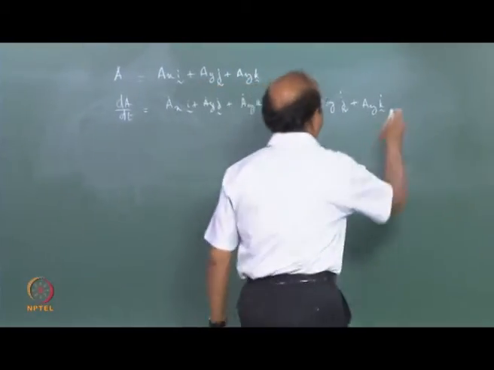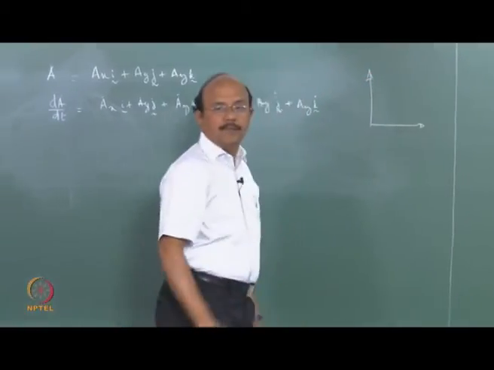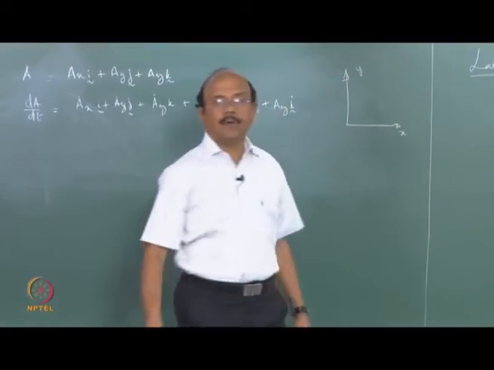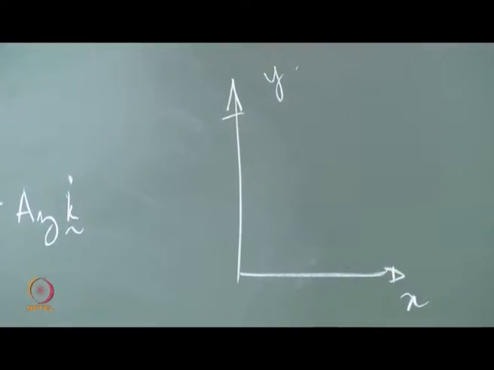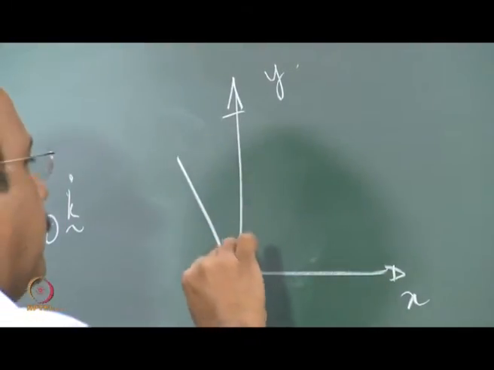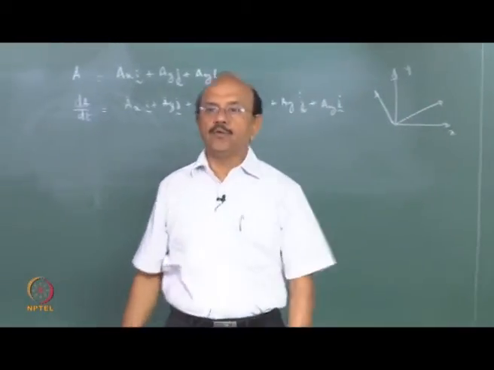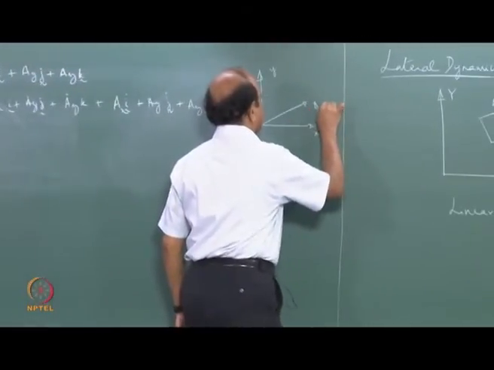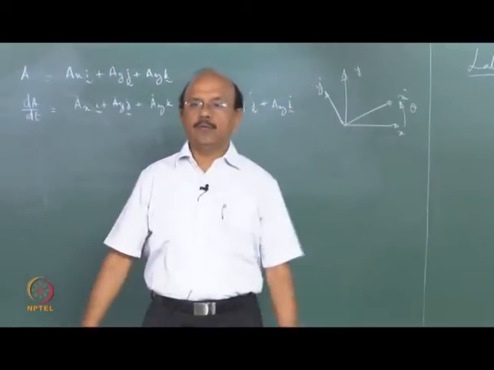You remember that in your earlier classes you would have done this. Suppose I have x and y along which i and j are defined, and it is rotating with, for example, omega, so the new coordinate due to a rotation of an angle theta gives you x prime and y prime.